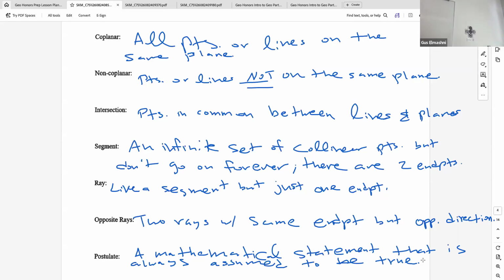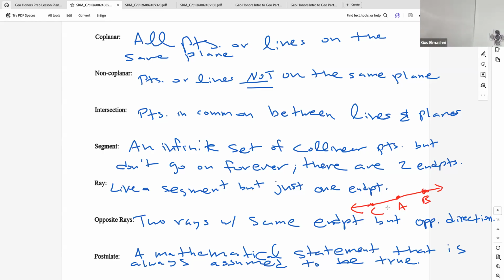How does an opposite ray have the same endpoint? So it looks like this. Let's go red so it stands out. Let's say that's A, that's B, and that's C. So ray AB and ray AC are opposite rays.